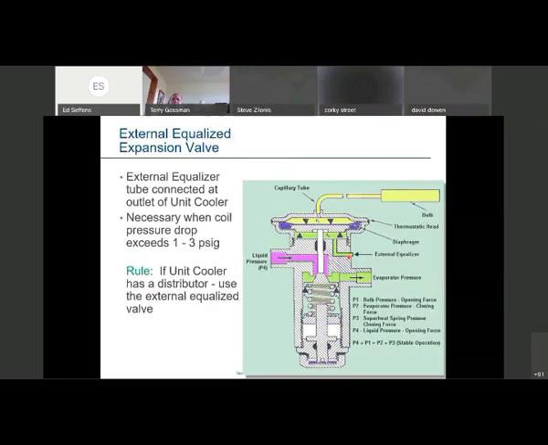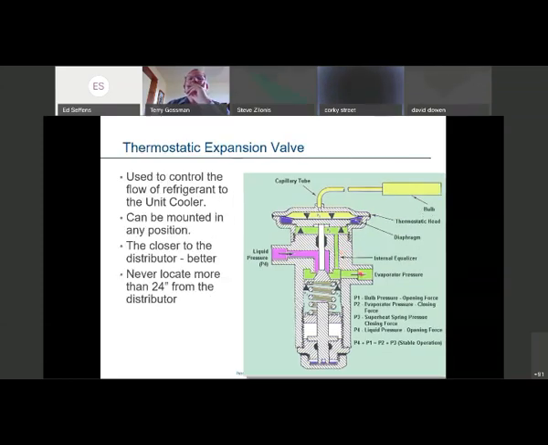With the external equalized expansion valve, we're plumbing this external line right past the bulb location where the bulb is attached to the suction line, okay? If we had an internal equalized expansion valve installed on a system that has a distributor, that 25 pounds is seen underneath the diaphragm right here, and it causes the expansion valve to want to close.